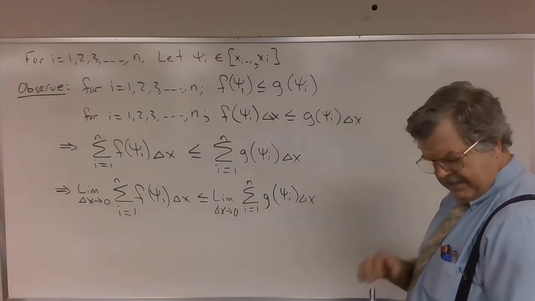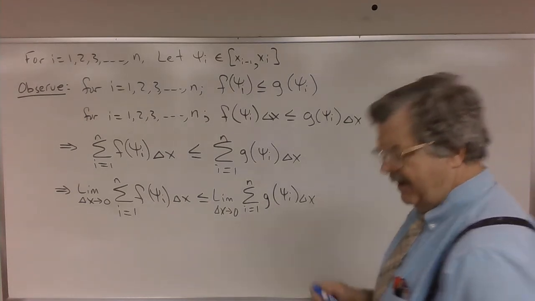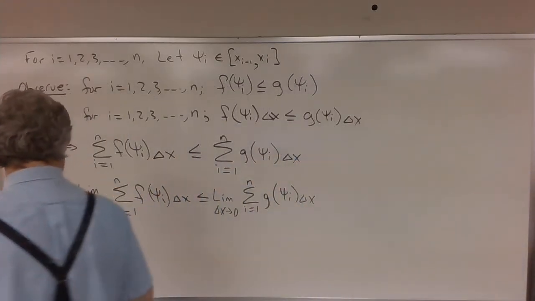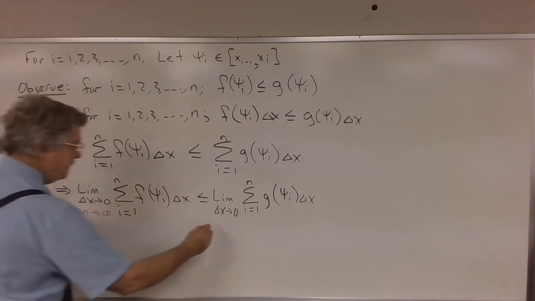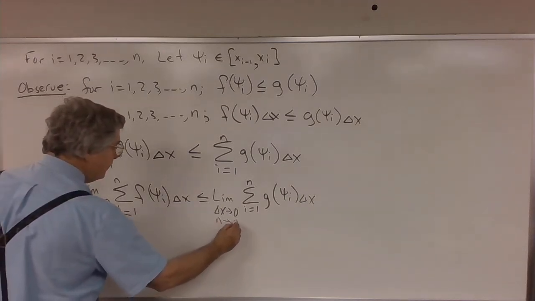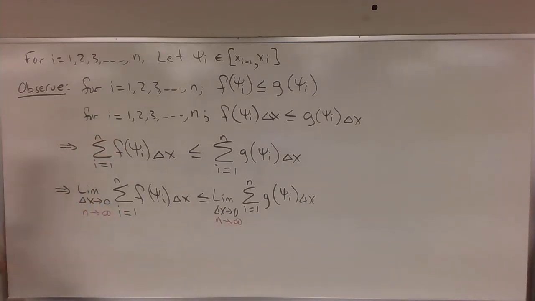And note again, even though we don't have to write this down, that if delta x goes to 0, that also means that n is going to infinity. And what is this going to be?